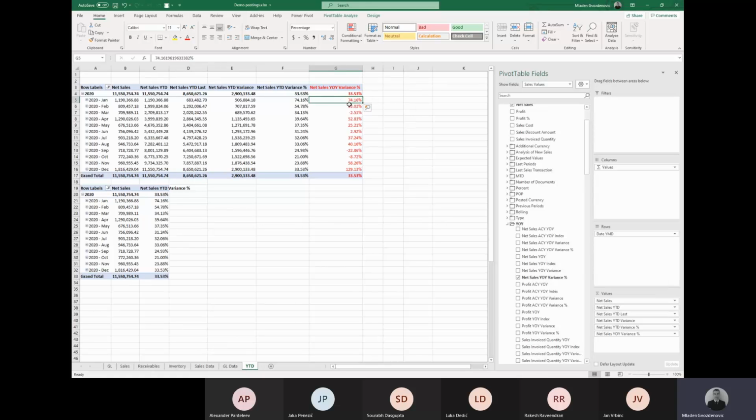It's not cumulative. So this tells me, yes, that January was 76. But then this year on year, it's showing me only February comparison, because if I bring in year on year variance for February, it goes exactly February to February, not cumulative like this one is doing.